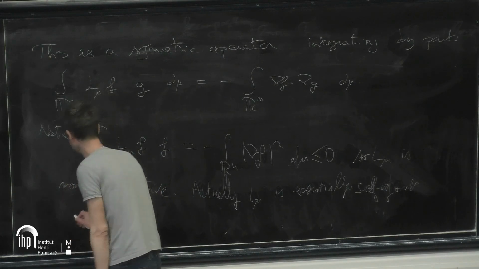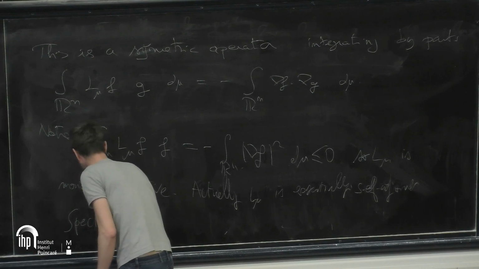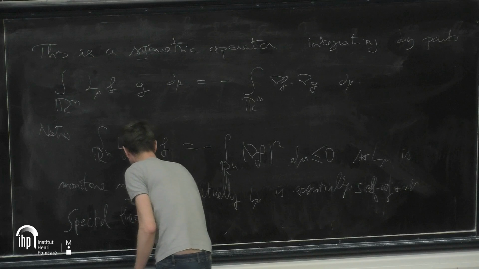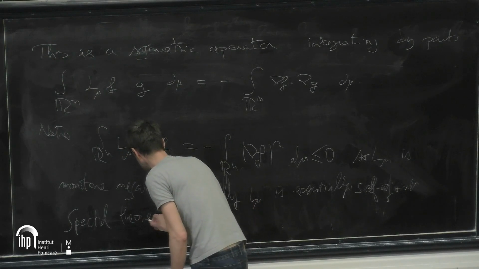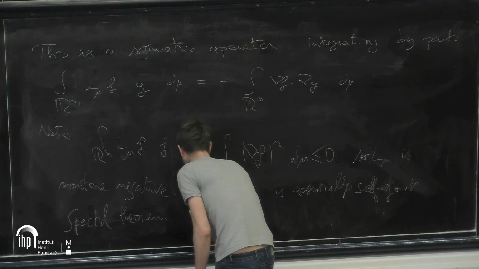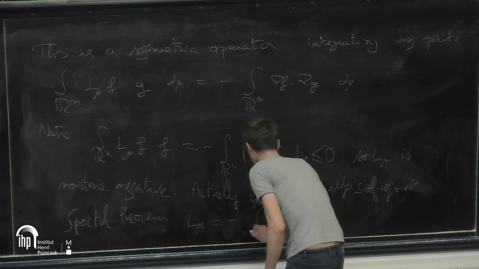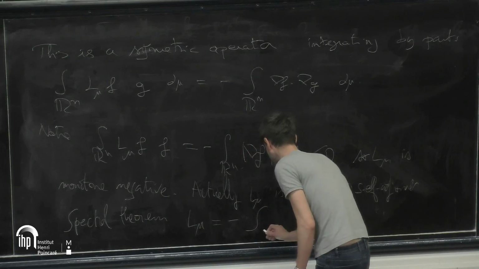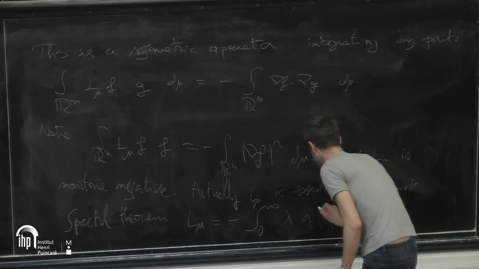And then I have the spectral theorem, which tells me that I can write L_mu as some integral over a spectral projection: minus the integral from 0 to infinity of lambda dE_lambda.